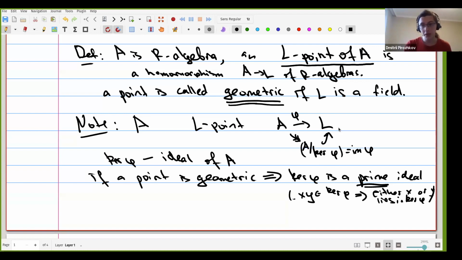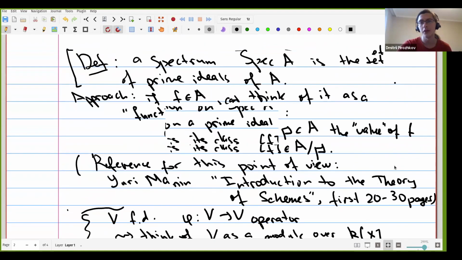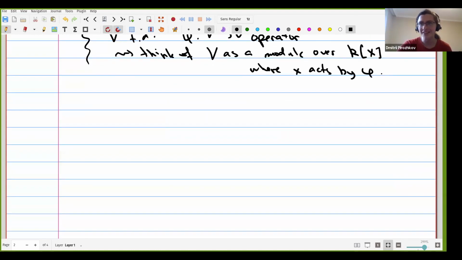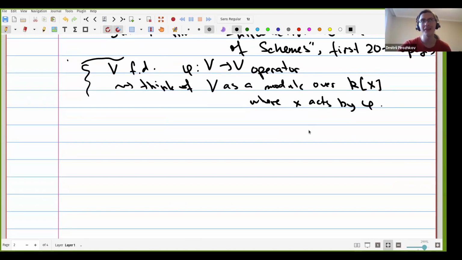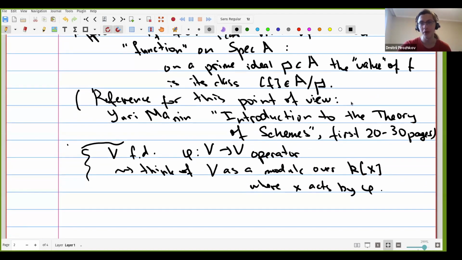In general, even if the quotient of A by the kernel is something like the integers, I still want to think of this as a geometric point. Sorry, I guess I didn't answer the question, but we will see later why prime ideals are important to this point of view.